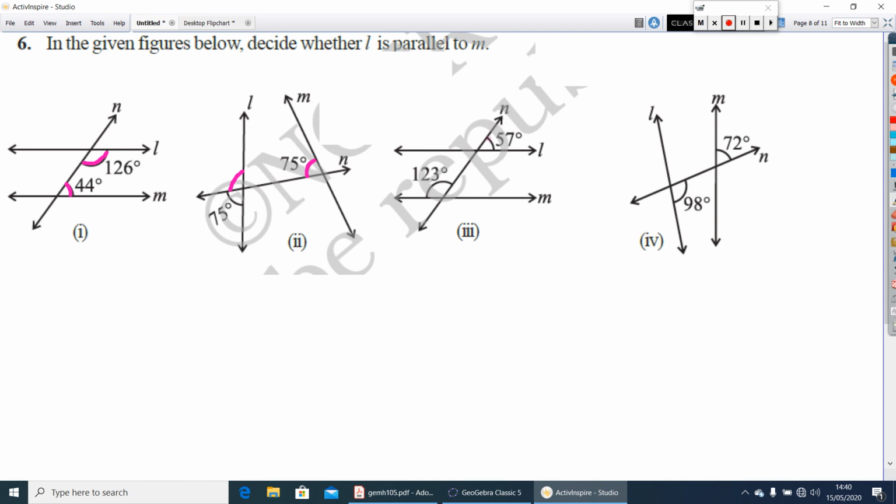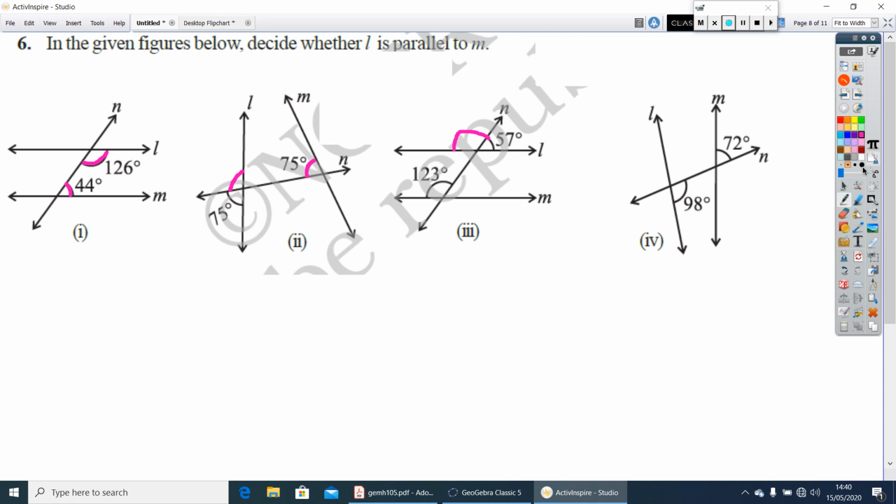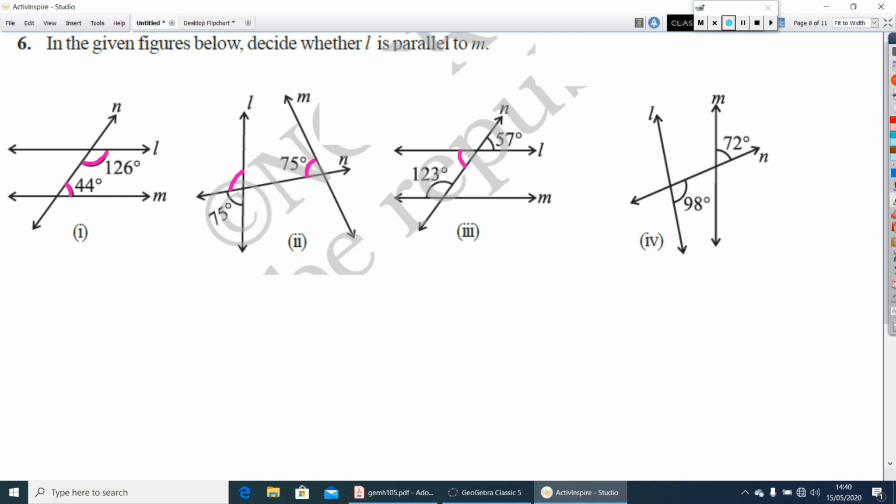Either you can find out this angle, or this angle is equal to 57 by vertically opposite angles. So if the sum of these two angles is 180 degree, you can find out. Otherwise you check corresponding angles are equal or not. Here also in the same way you can find it out.